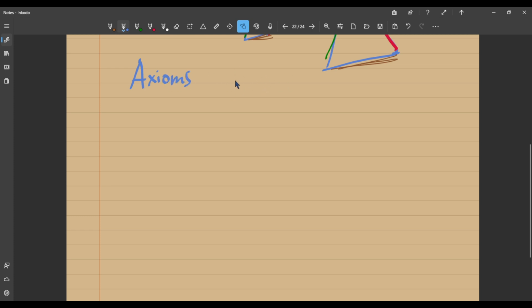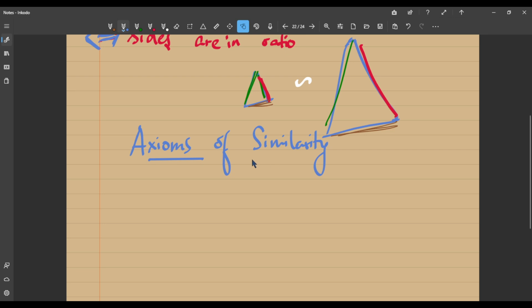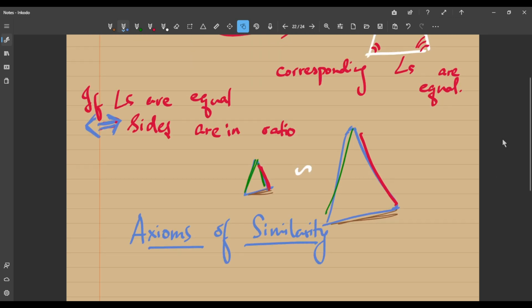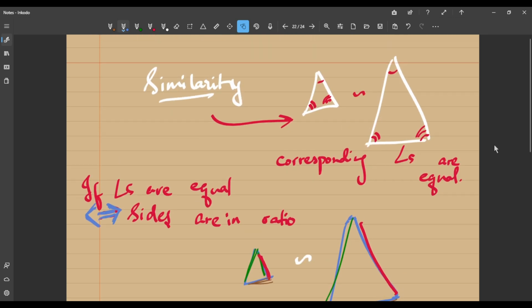So we are coming to the title of the series just now, Axioms of Similarity. As in congruency, we saw that even though all six measurements had to be true for two triangles to be congruent, all the angles have to be same and all the sides have to be same.